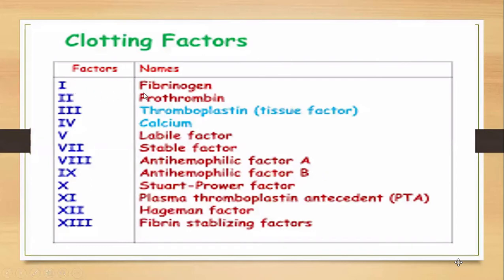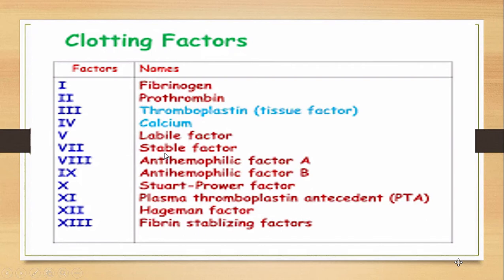So factor 1 is fibrinogen, factor 2 prothrombin, factor 3 is thromboplastin or tissue factor, factor 4 is calcium, 5 is labile factor. You notice there is no factor 6 because it's unlabeled. I don't know, until now, there's none yet.